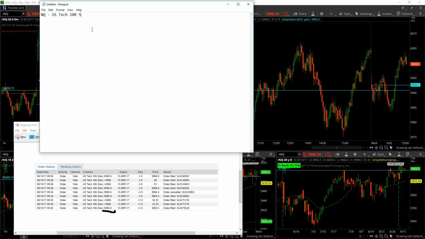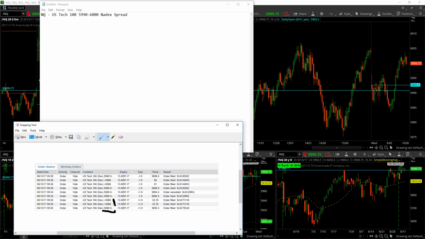We bought the 59.90 by 6,000 Nadex spread, right? Nadex has the traditional spreads, and then they also have the binaries. In addition to that, I also bought the 59.86, which you can see right here. The order was sent to buy those at 52 and a quarter and then filled as well. So one contract on both of these, right?